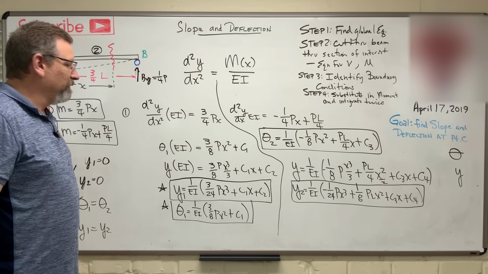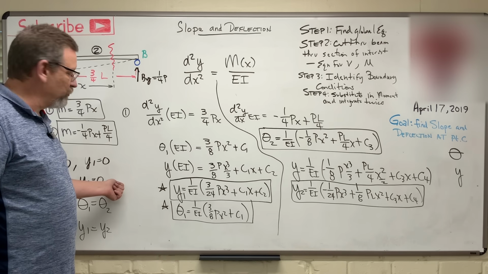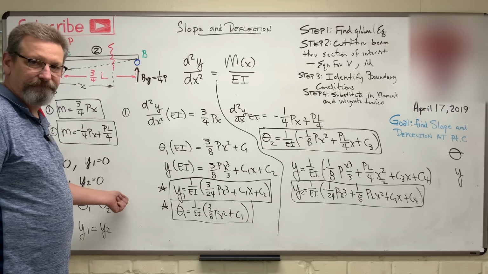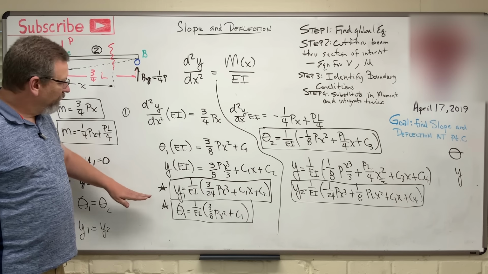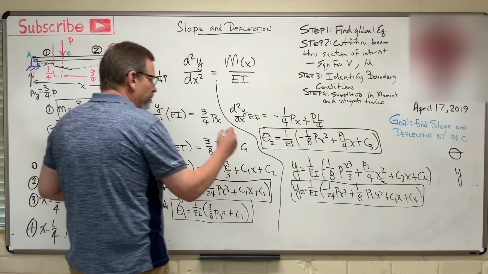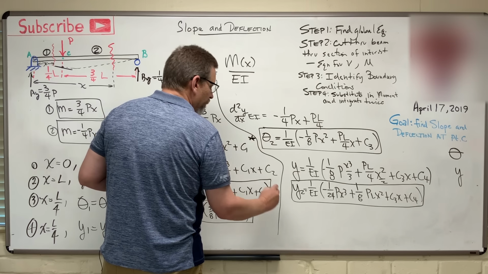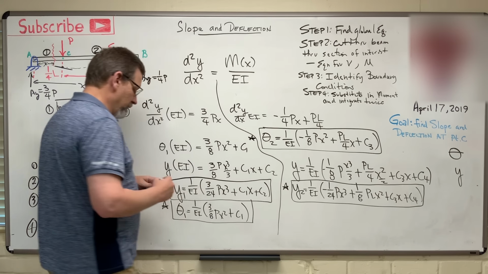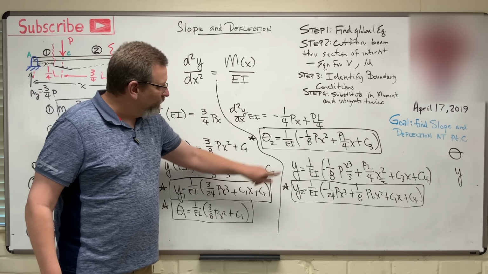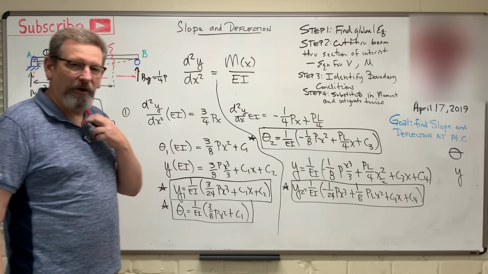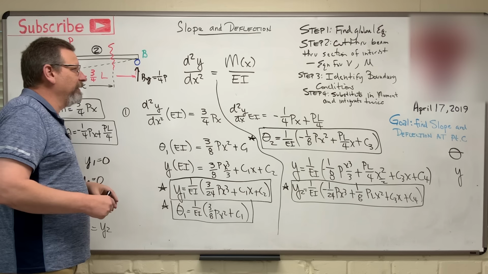Next we're going to use our boundary conditions and do some substituting. We've got our 4 equations with the stars and the boxes around them, and we have to get rid of all those unknowns.